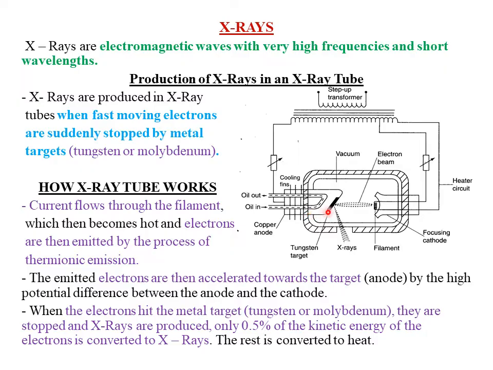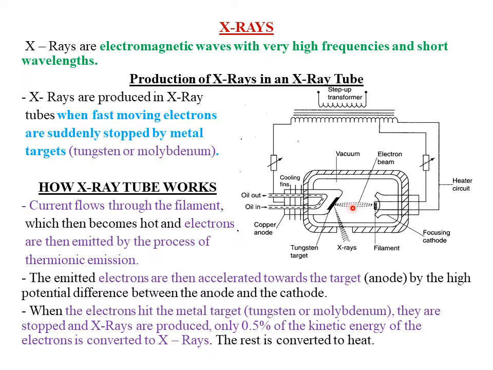Remember, the anode is usually positively charged. The positive charges are going to attract the negatively charged electron beam. Because unlike charges will always attract each other, the copper anode is going to attract this beam of electrons, hence causing them to accelerate.